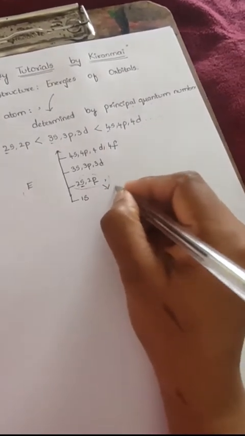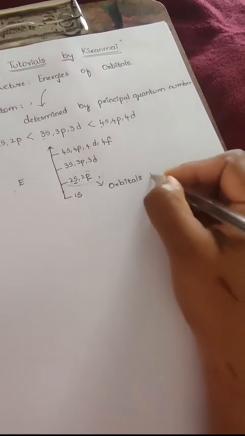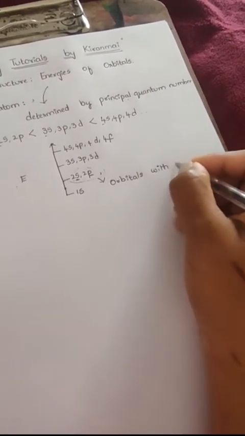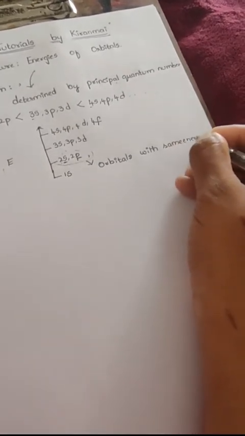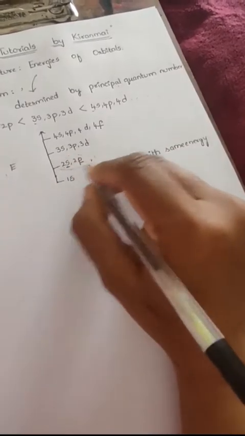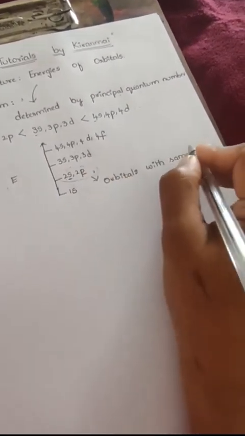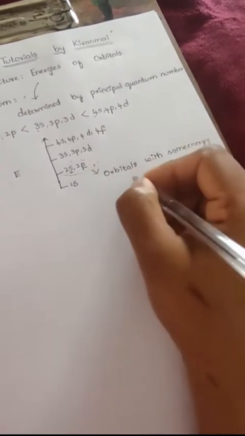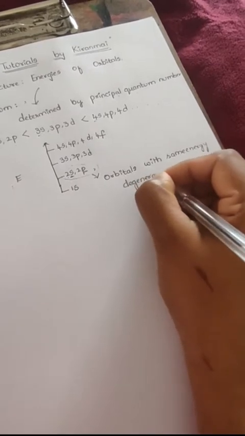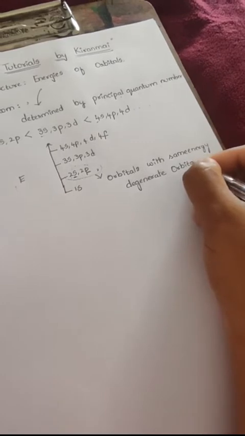So the orbitals with the same energy, irrespective of the shapes of the orbitals, are called degenerate orbitals.